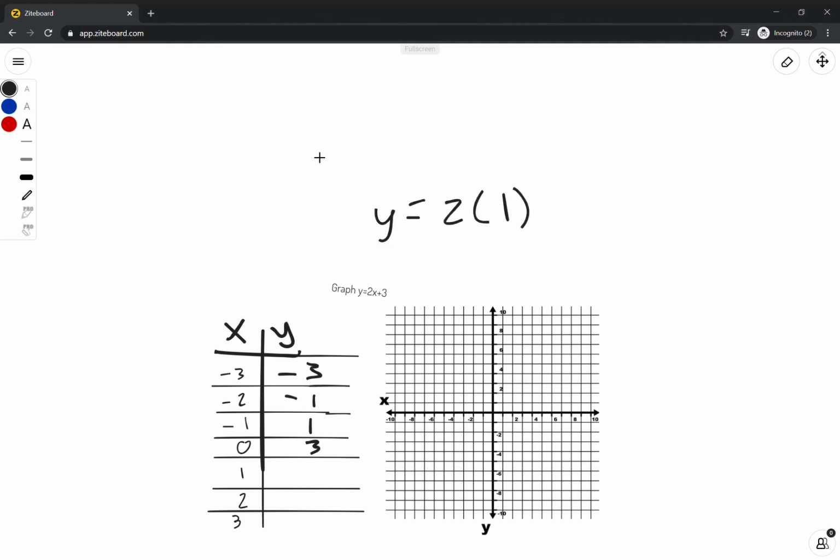So 2 times 1 plus 3, so 2 plus 3, 5. Next, let's plug in x equals 2. So y equals 2 times 2 plus 3 to get 4 plus 3, or 7. And lastly, we have x equals 3. So y equals 2 times 3 plus 3. So 6 plus 3, 9.